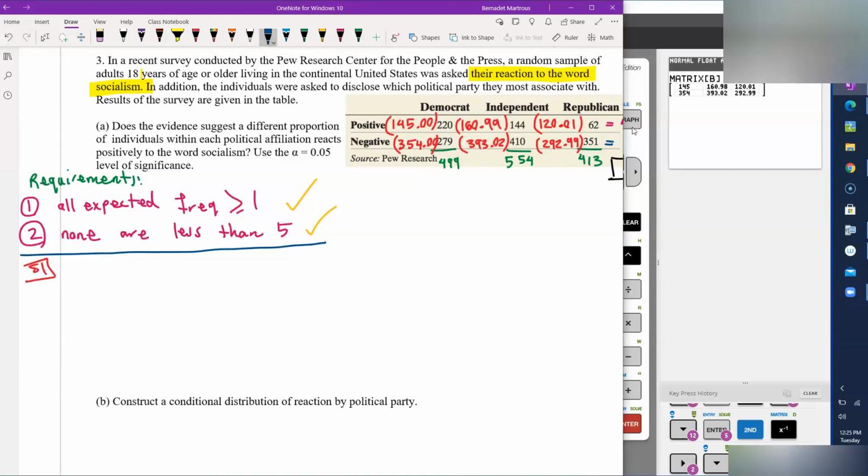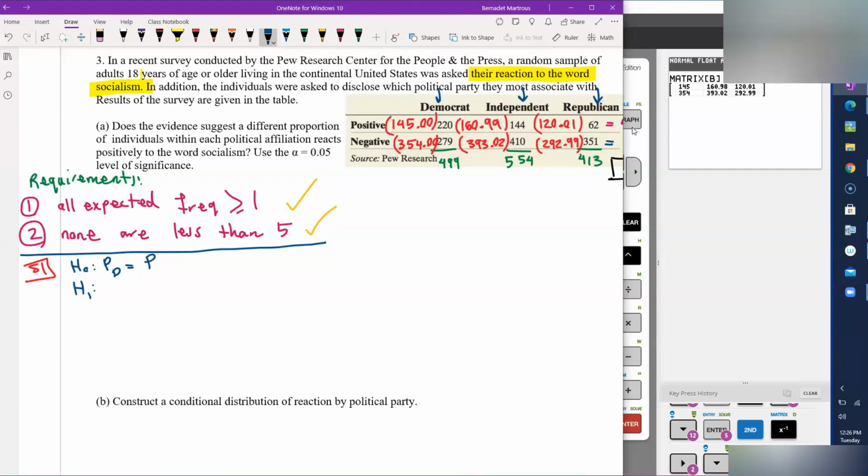Now step 1, null and alternative. For null, I'm going to write, since here we have 3 columns, population proportion for the first group. I'm going to use D for Democrat.